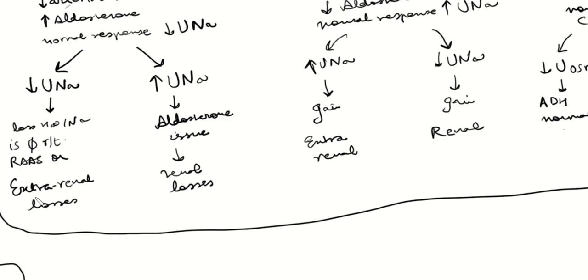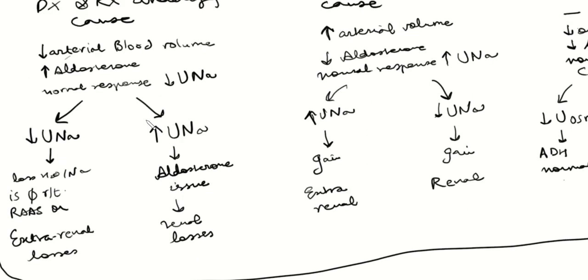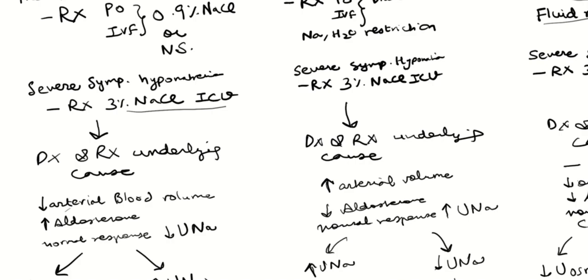Kidneys are doing just fine. It's extrarenal losses outside the kidney. If, however, the urine sodium is high, hey, that aldosterone's not working good. It's an aldosterone issue, it's renal losses. Okay. Just some basic principle of how we diagnose renal and extrarenal. Okay, and how we separate the two containers out.